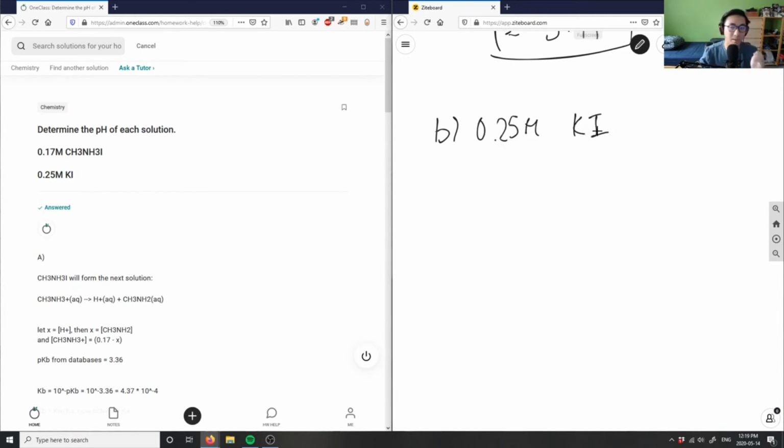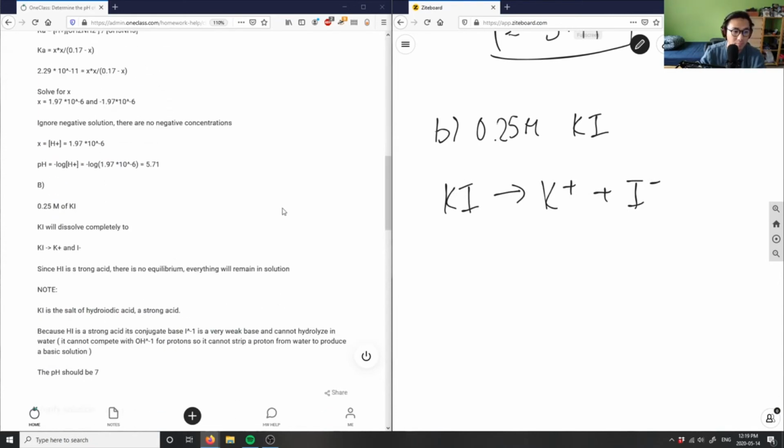And this here is an ionic substance, right? KI here is an ionic substance, and I believe it is going to be a strong acid here. The reason why I know this is because KI is going to dissociate into our K plus ion plus our I minus ion, right? And I'm pretty sure, yes, it dissolves completely, because it's an ionic substance.